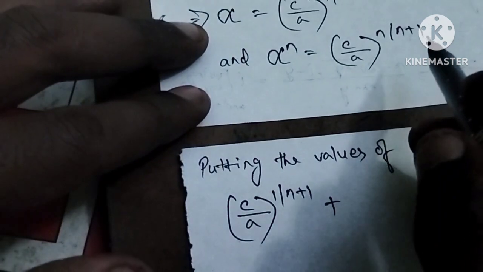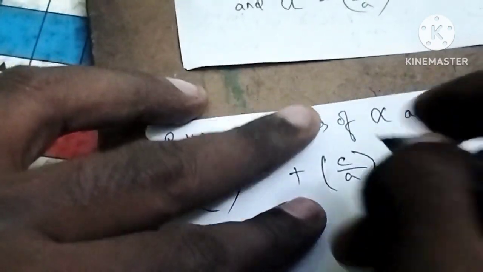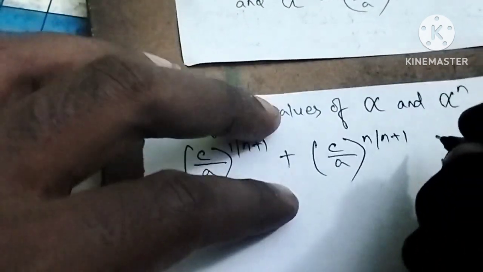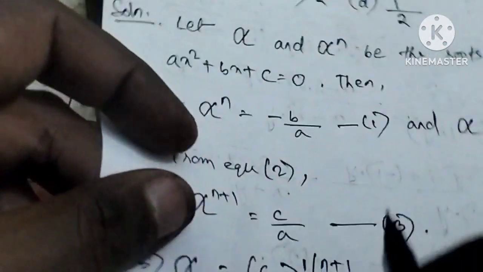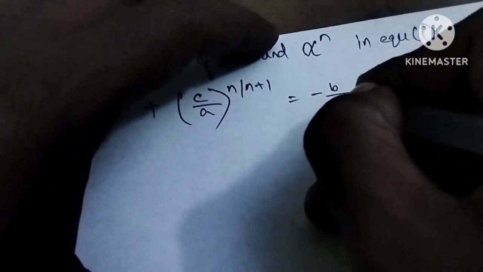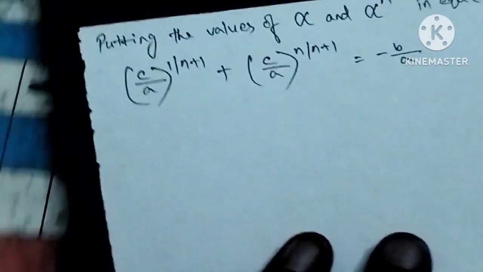C by a to the power n by n plus 1. So c by a to the power n by n plus 1 is equal to minus b by a. Clear? Okay.